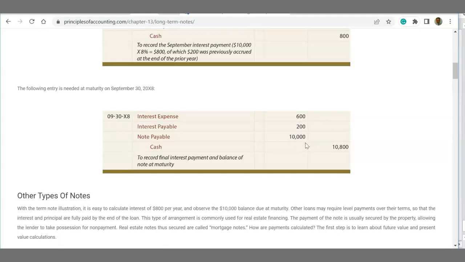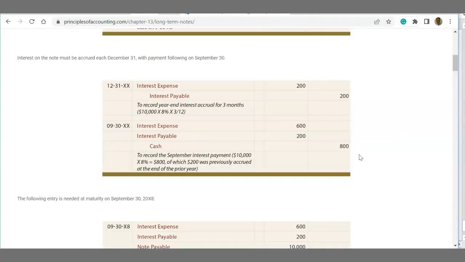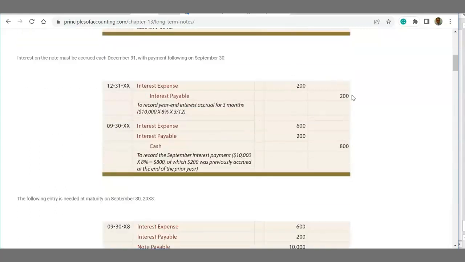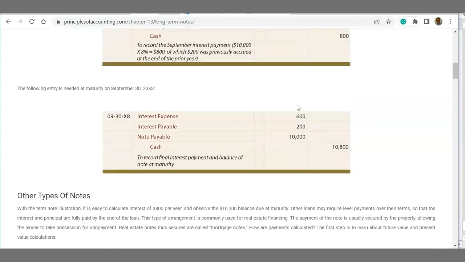Those liabilities are closed, a $600 expense is recognized, and cash will be credited. To understand it better, I suggest you start from here, post it to the T account on your scratch paper, then post the next journal entry, and finally this one, so you can have a visual understanding of this.